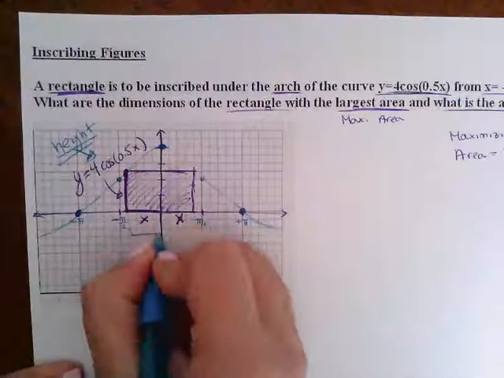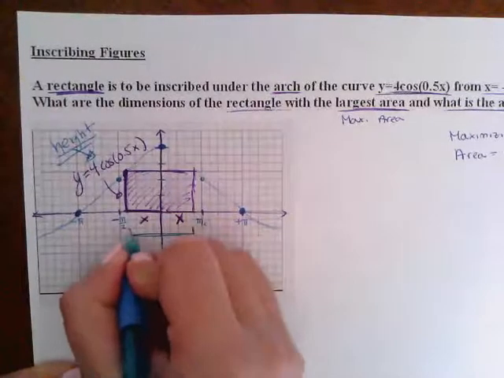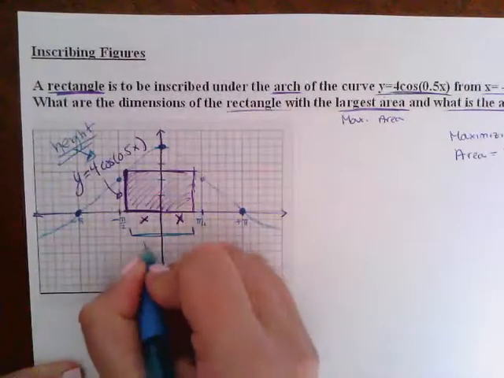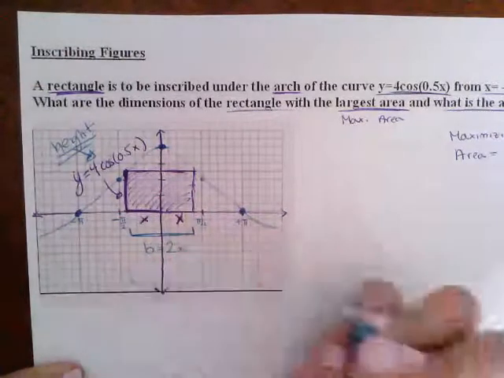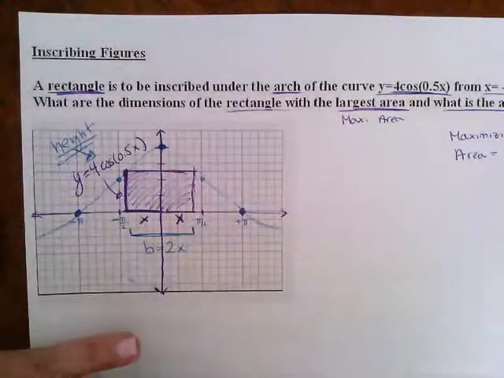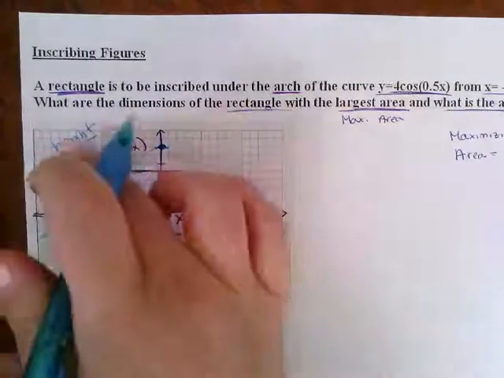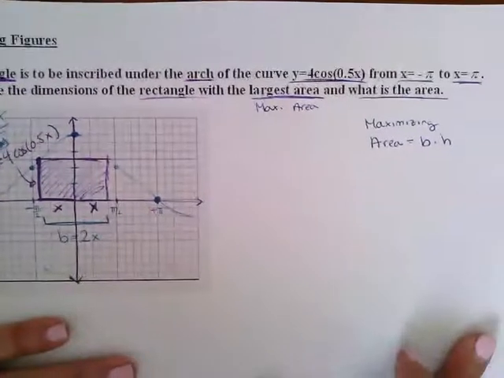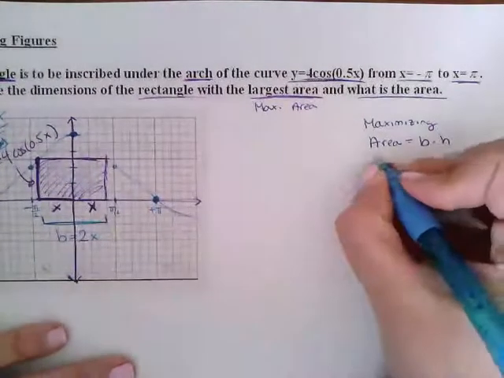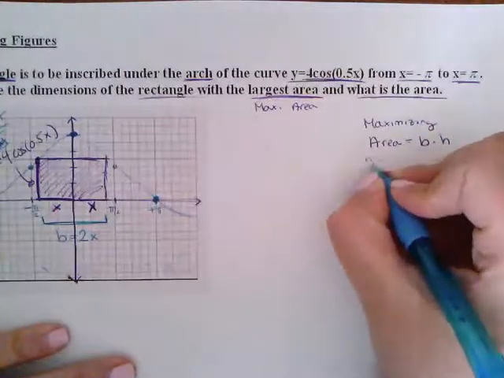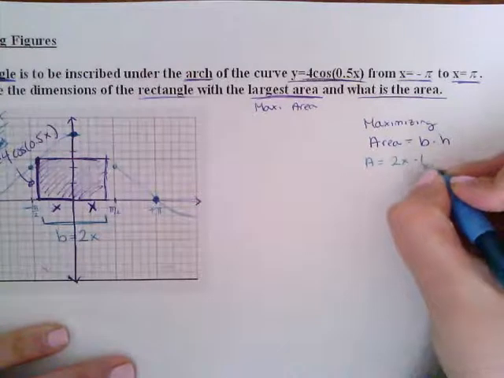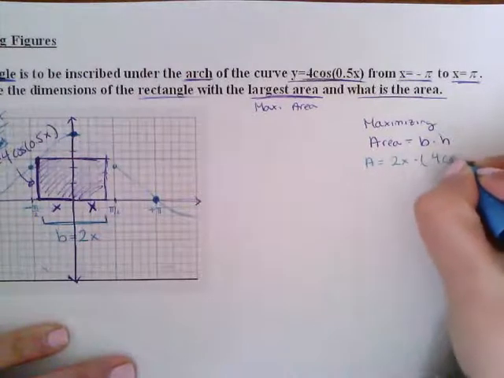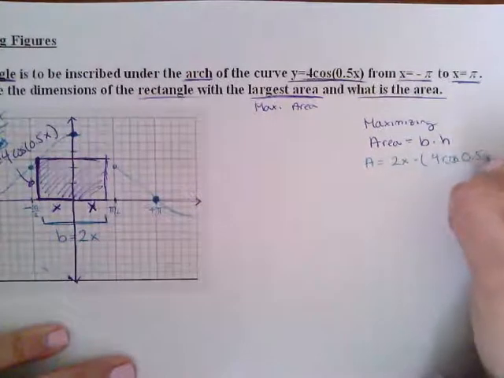And then the base is this whole entire thing, which as of right now, all we know is that the base is equal to 2x. I don't know anything else yet. So I have my height, I have my base. Now I can come over here and basically plug that in. So area equals 2x times 4 cosine of 0.5x.